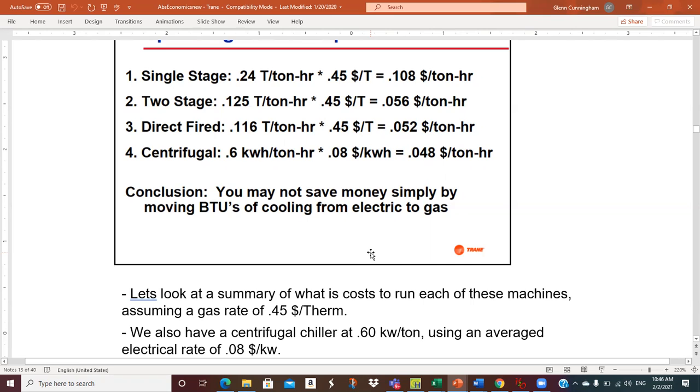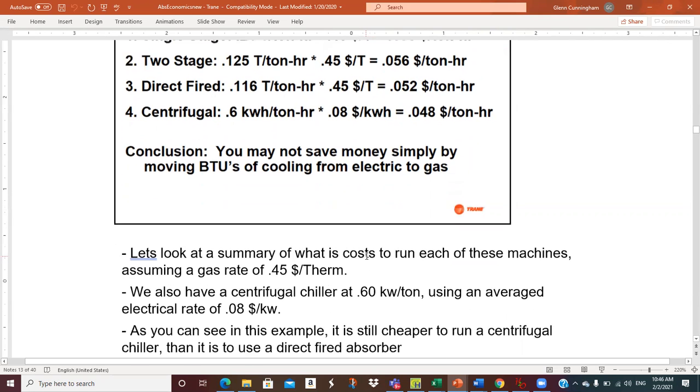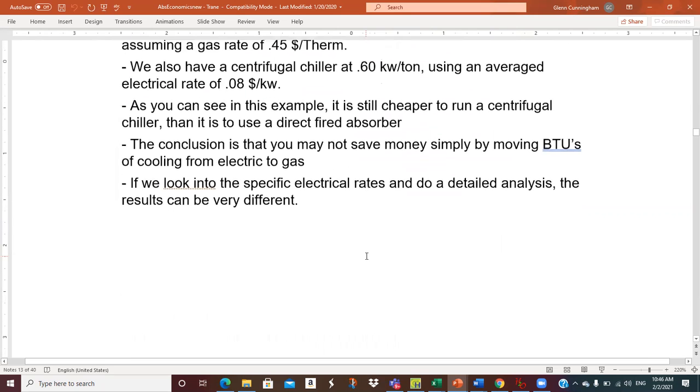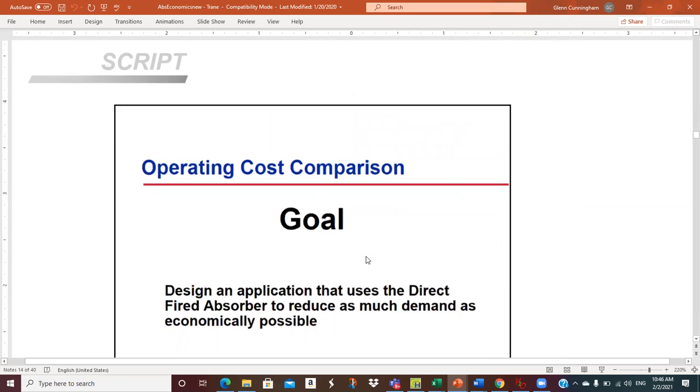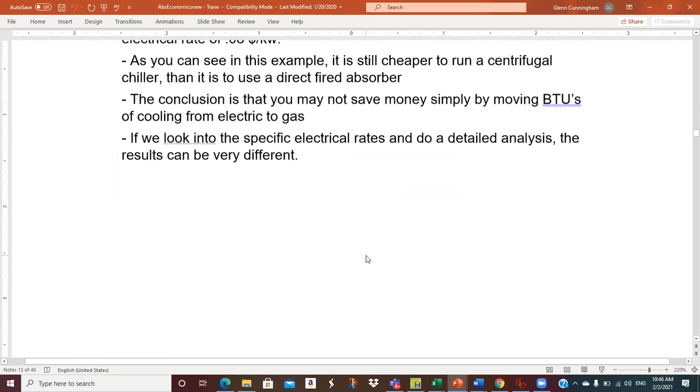But that centrifugal chiller has a COP of 5.86, which really levels the playing field. Okay, so it's kind of interesting how all this works out.